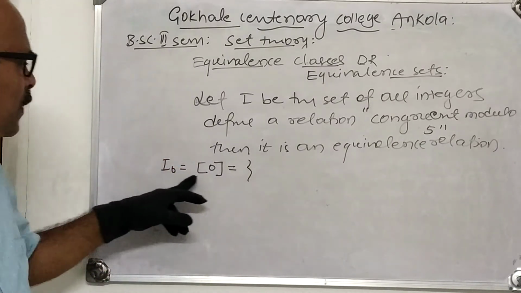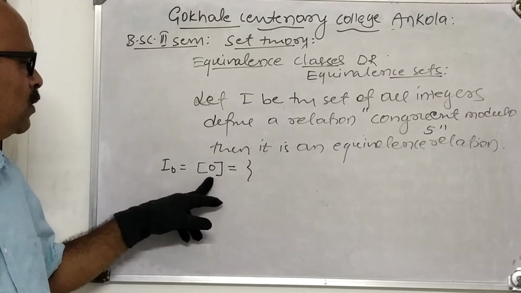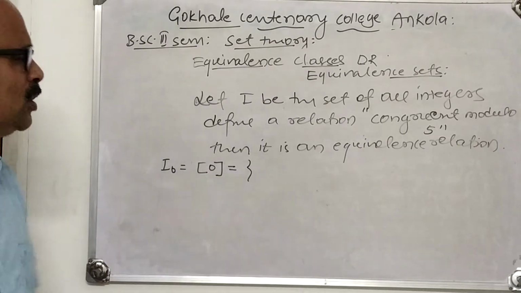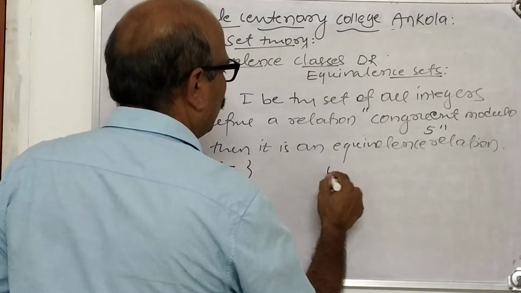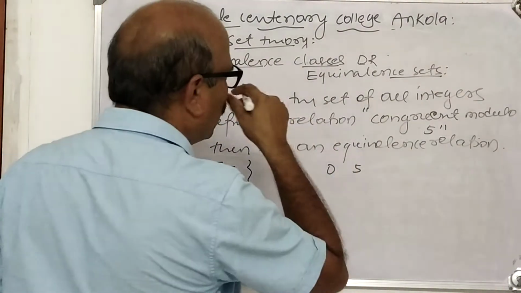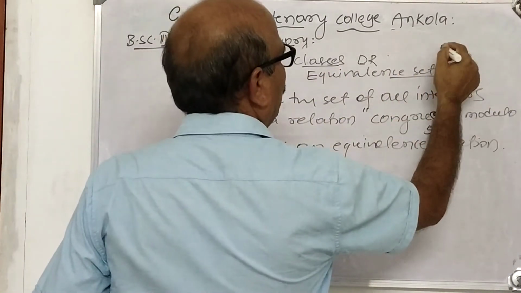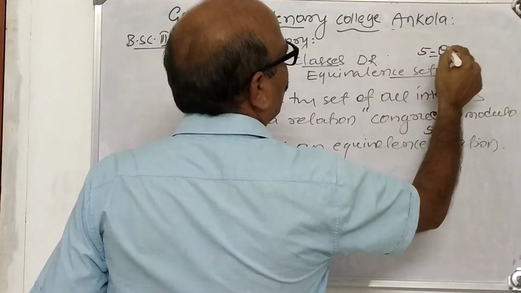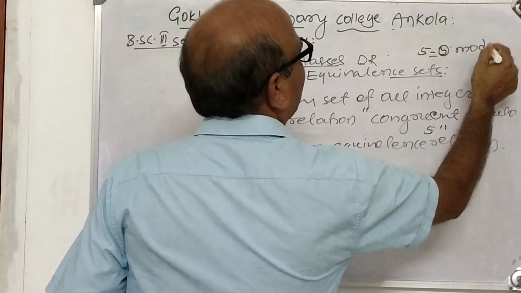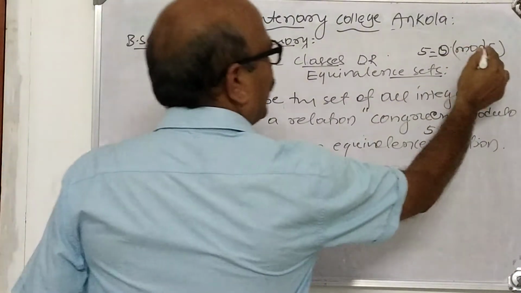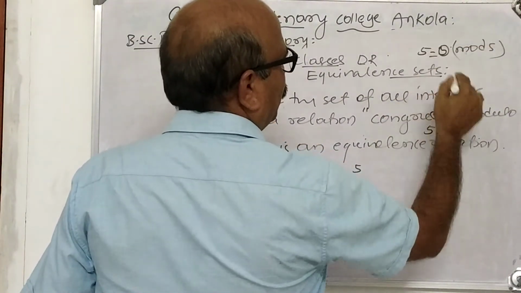I define this set [0], which consists of all the elements which are congruent to 0 mod phi. What is that? First is 0. Then phi is also congruent to 0 mod phi. Why is phi congruent to 0 mod phi? Because phi divides phi minus 0.